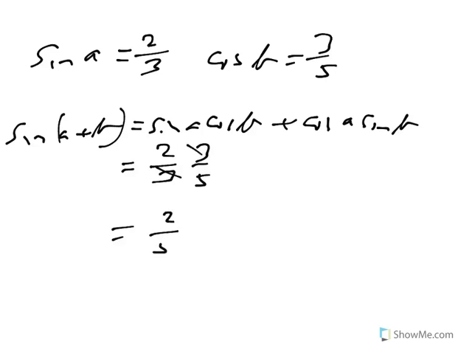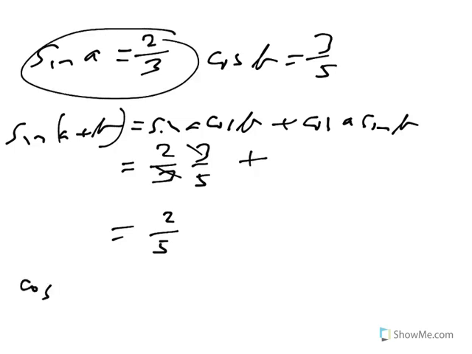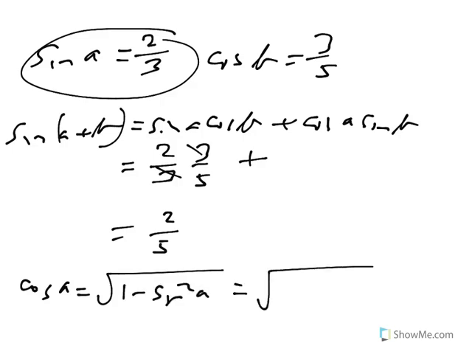So that's 2/5 right there. But the other two pieces aren't given to me, but I can calculate them. Cosine A is the square root of 1 minus sine squared A, which in this case is the square root of 1 minus 4/9, which is square root of 5/9, which is square root of 5 over 3.